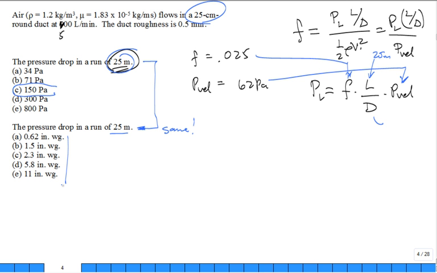Inches of water gauge or water column. Very common when you have airflow, they measure the pressure drop in inches of water column. Well, how do we convert between those two units of pressure? Let me go ahead and pause and see if you can do that, okay?